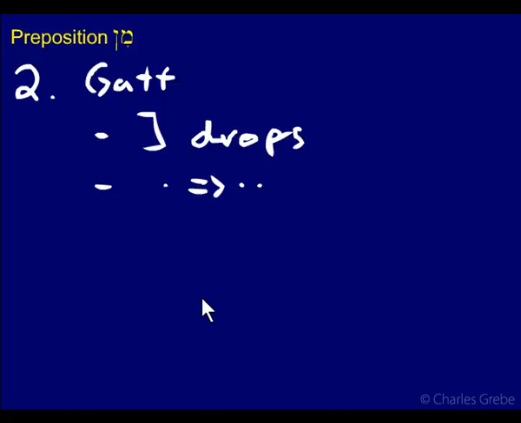Let me show you an example. So if we have ish, oops, that's ish. Let's put a yud in there. So ish, meaning man. If we add min on that, min, so when I add min on there, I guess to be consistent I should make this like this.